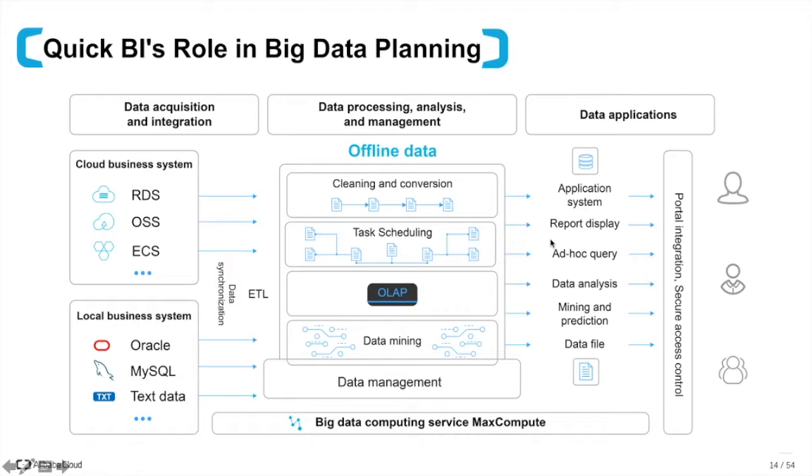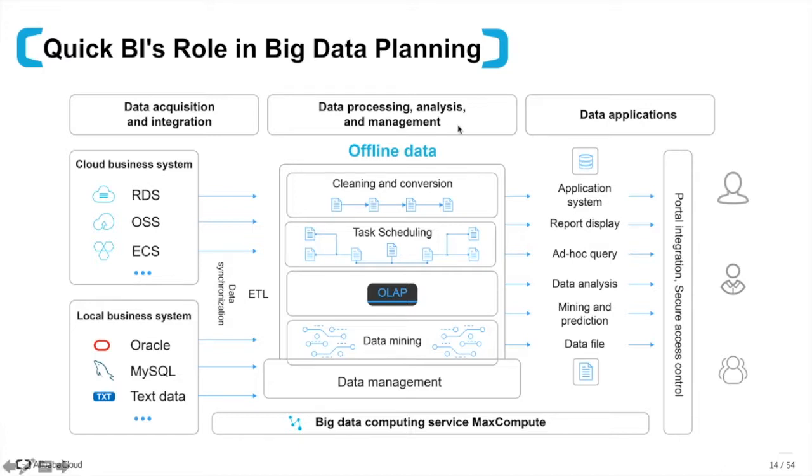But what is the position of QuickBI in our Alibaba Cloud big data portfolio? Again, you can see here for the left part, usually in the Alibaba Cloud Big Data platform, we can take most of the commonly used data sources as input. Then we drag them into our big data processing engine, just like Max Compute, like some OLAP processing.